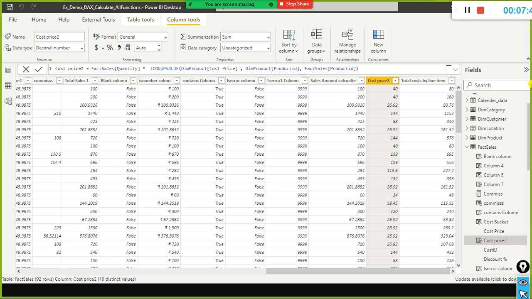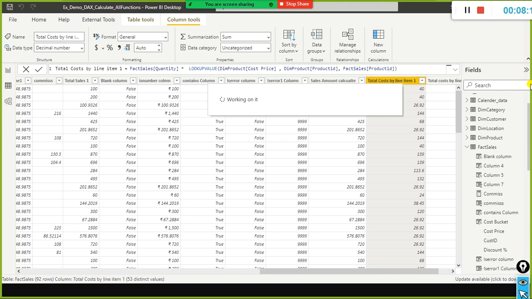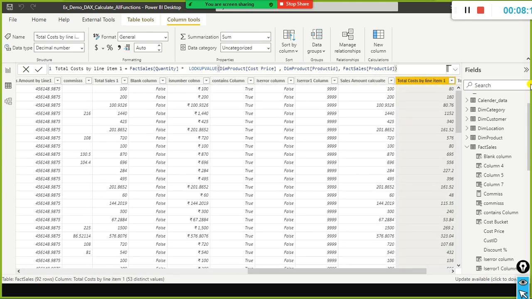You can do this, and here I say this is line item 1, something like that. Both should tally to the same value. The only difference is the syntax.